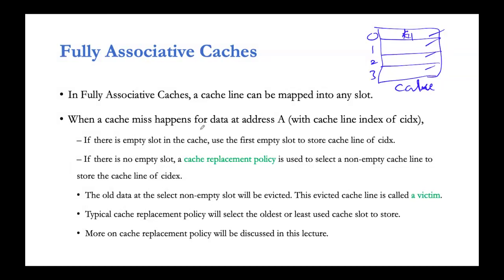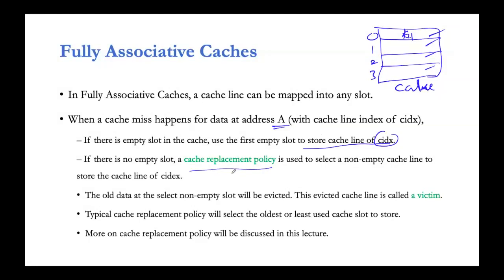So when a cache miss happens for data at address A, if there is an empty slot in the cache, use the first empty slot to store the cache line. If there is no empty slot, then a cache replacement policy will take place, which we will discuss.